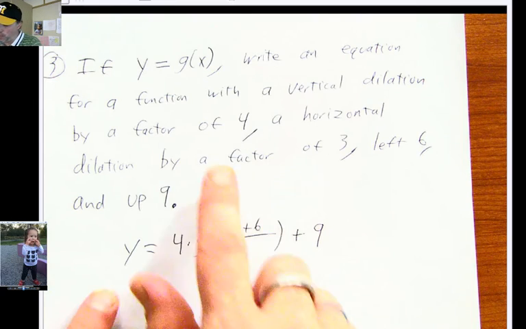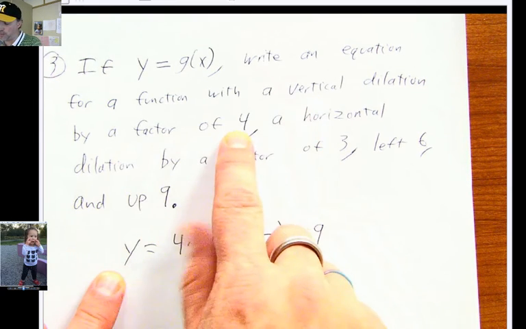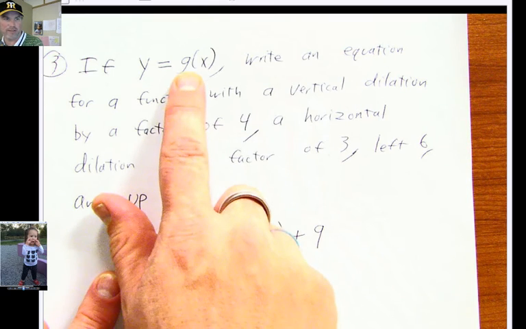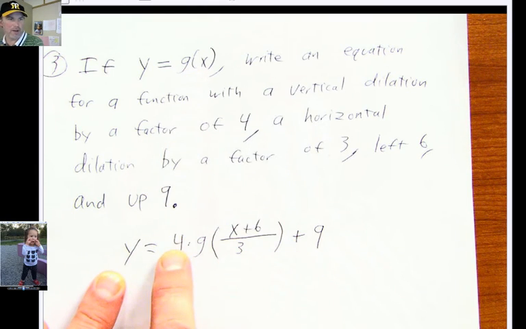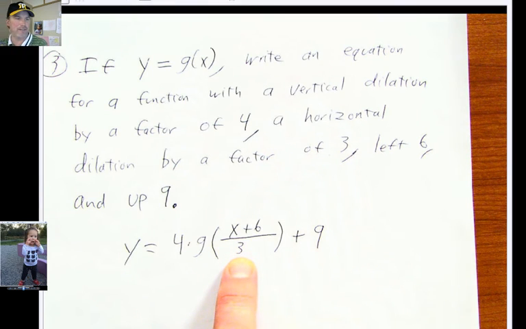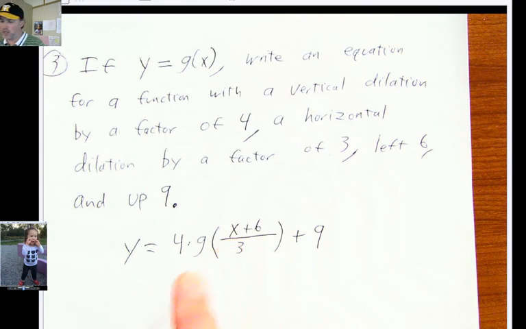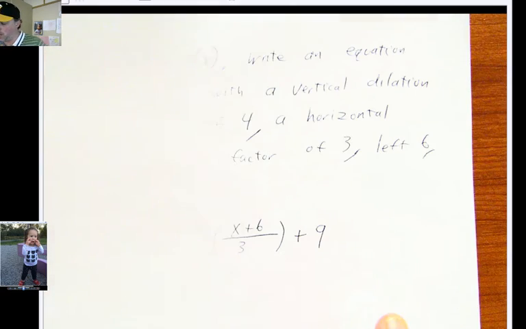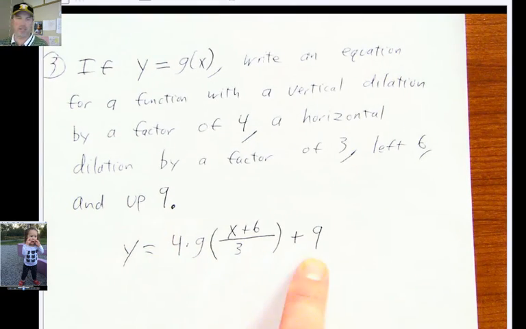So with the vertical dilation by a factor of 4, I multiply the function by 4, and it does need to be called g of x here. A horizontal dilation by a factor of 3, I divide the inside of that function by 3. Because of the left 6, the numerator of that function would be x plus 6. So that's the same as the h here. And then for that k on the end, it's going up 9, so we have a plus 9.